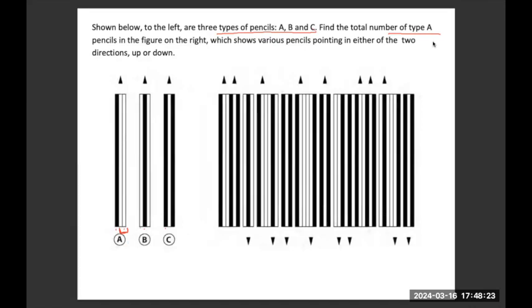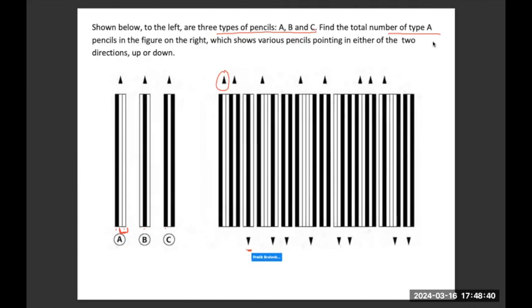Here we'll keep on marking that. So where is A coming? I'll keep on circling it. The first one is A. In order to locate which side the pencil is facing, I will locate the heads from this side.